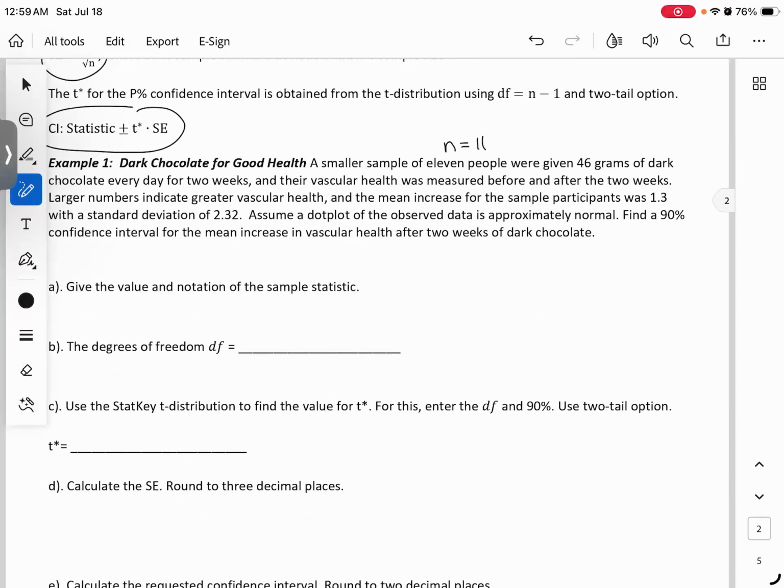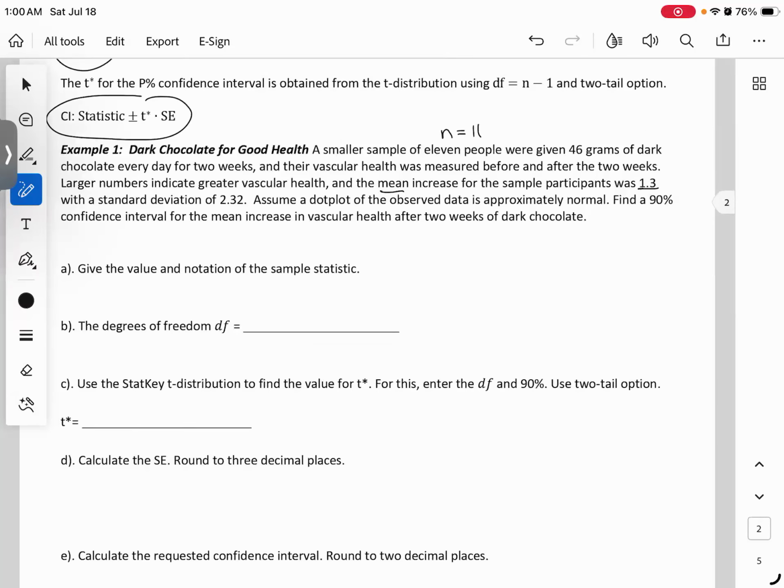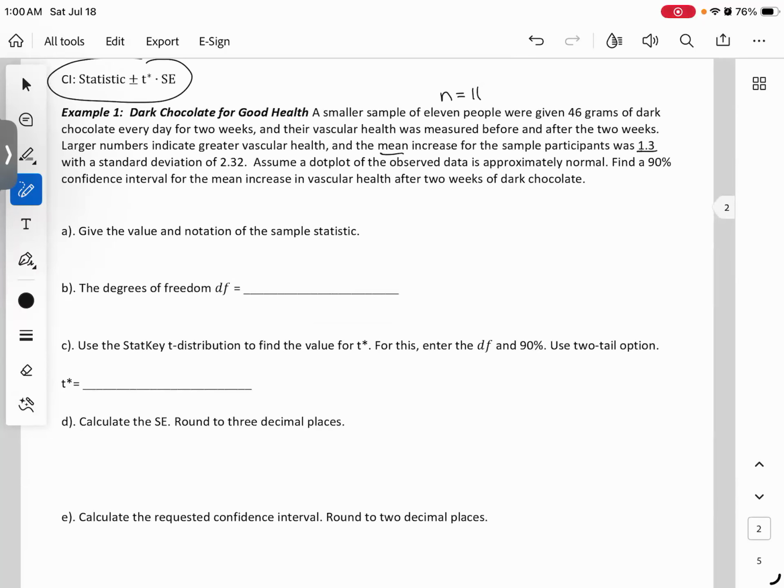Now, what they did in this study was for 2 weeks they gave the sample of individuals dark chocolate, and then they checked to see whether their vascular health improved on average. You can see that the mean increase from the sample was 1.3 with a standard deviation of 2.32.